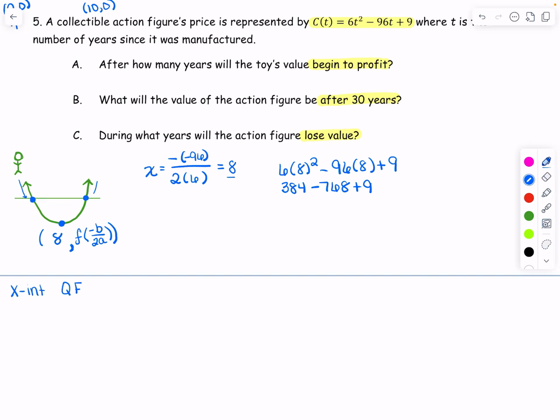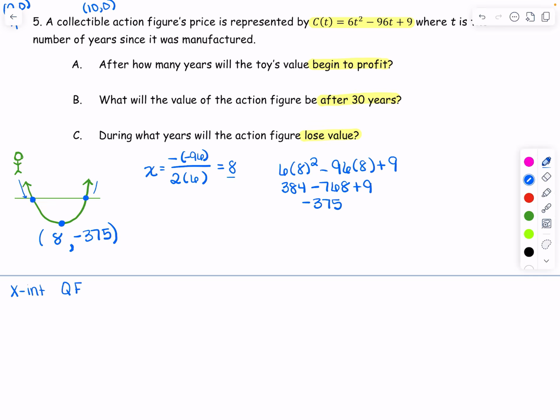So 384 minus 768 plus 9 gives me negative 375. So what does that mean? That after 8 years, this toy is worth negative $375. Well, money is not going to be negative here, but this represents that it loses a lot of value. So just keep that in mind for the vertex. After 8 years, this is its worth, which is nothing.